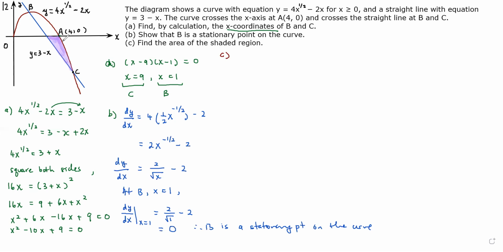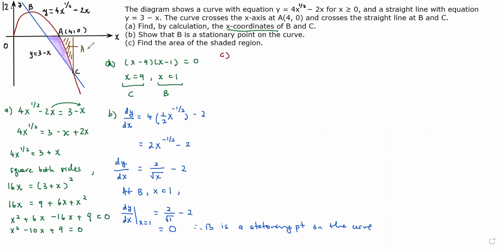Part C, we need to find the area of the shaded region. To find the area of the shaded region, integrating with respect to y is not going to help here. What we can do is form a triangle here, and then we take the area of the triangle minus this area.